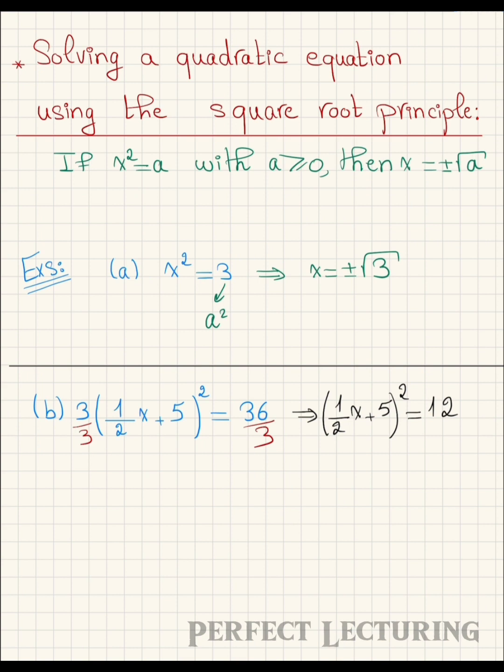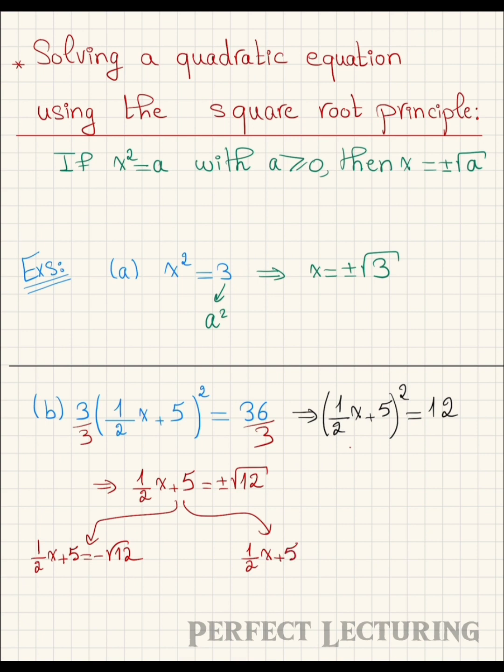We can apply the square root principle, and this gives us 1/2 x plus 5 is equal to plus or minus the square root of 12, which means I will end up with 2 different equations. The first is 1/2 x plus 5 is equal to minus root 12, and the second is 1/2 x plus 5 is equal to plus root 12, and I solve each equation separately.